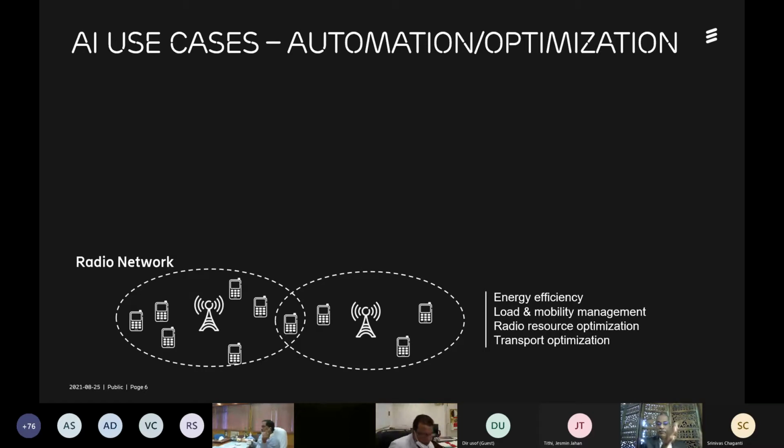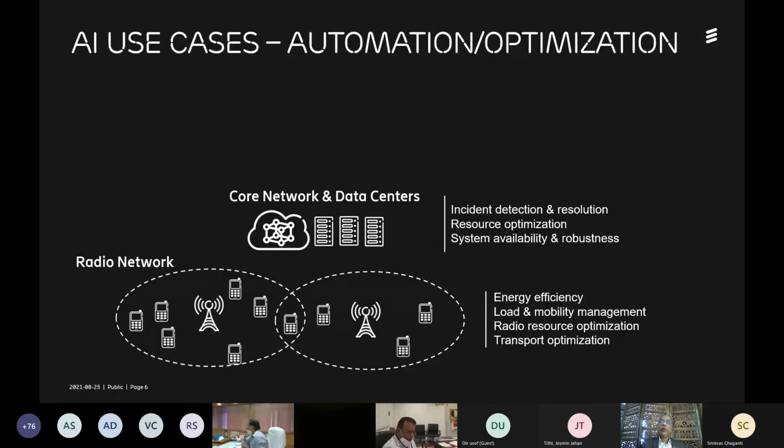With the disaggregation of the RAN now, you have transport also playing a more and more important role in different parts, connecting the RU to CU to DU, and how do you really handle the traffic effectively all the way from the end user device up to the data center and integrate the management of the transport with the way you are also managing the radio resource. It's a very important consideration. So transport optimization is another area that we have use cases in.